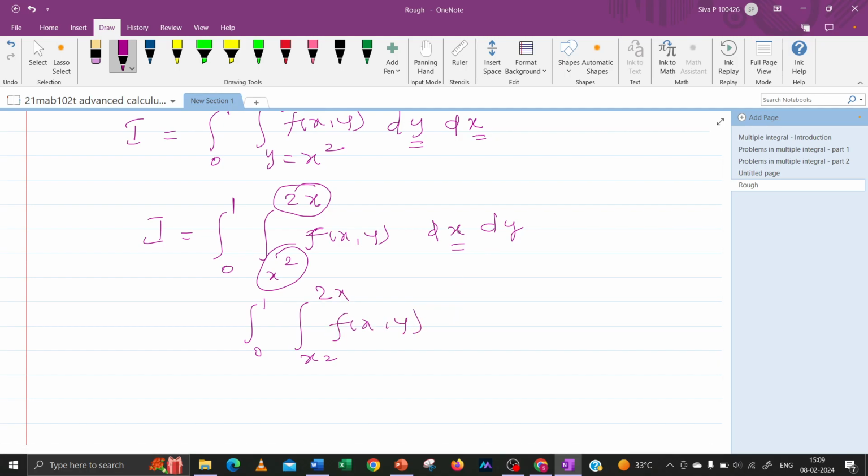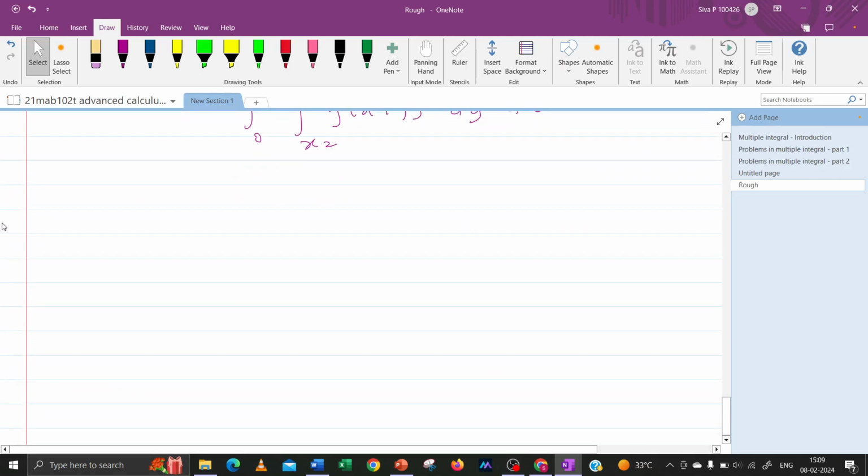Even if they give it in the wrong order, you have to interchange y to x, x to y, so dy dx. Very simple: the inner integration variable is y, so the limit should be in x. I can write a note here so you can simply understand.